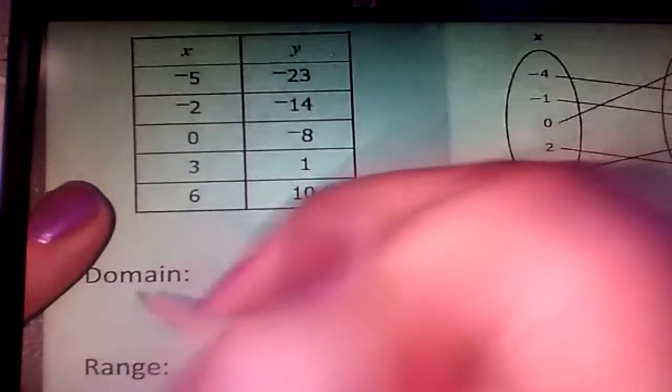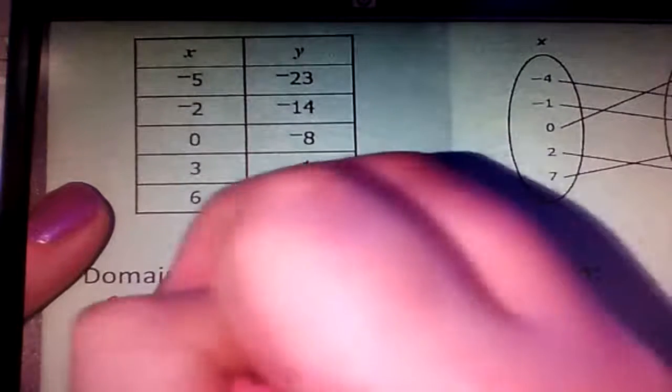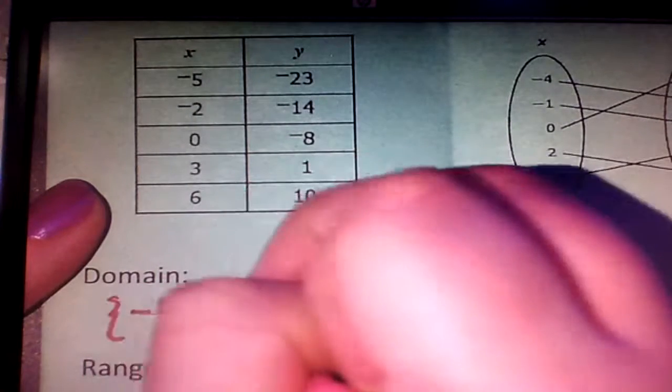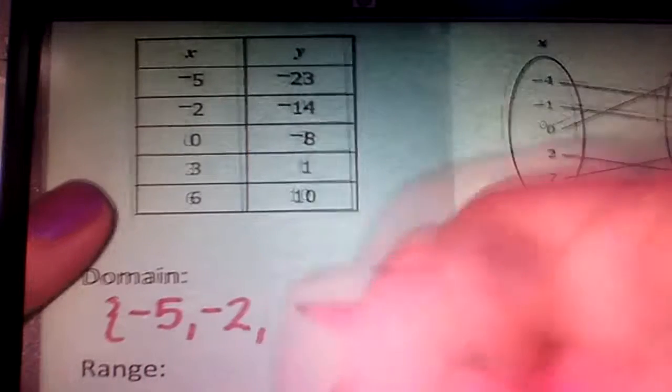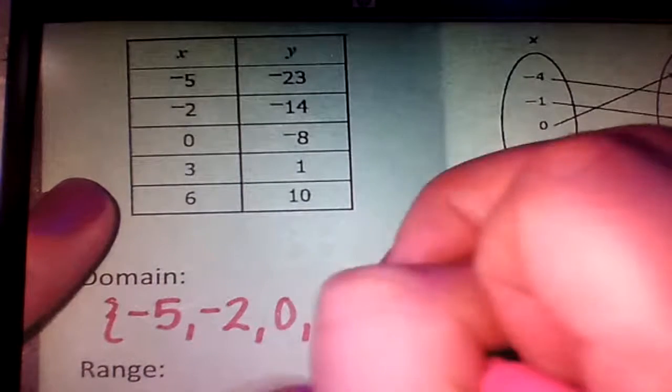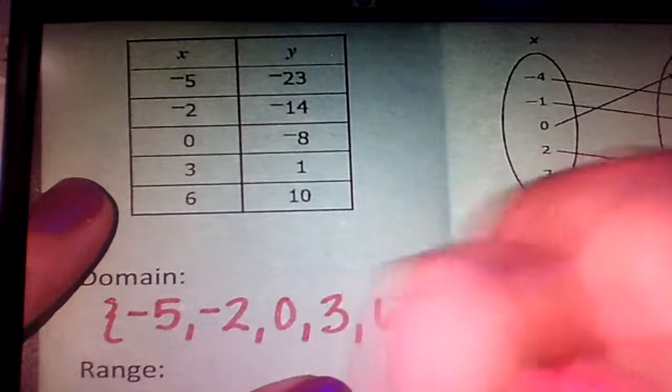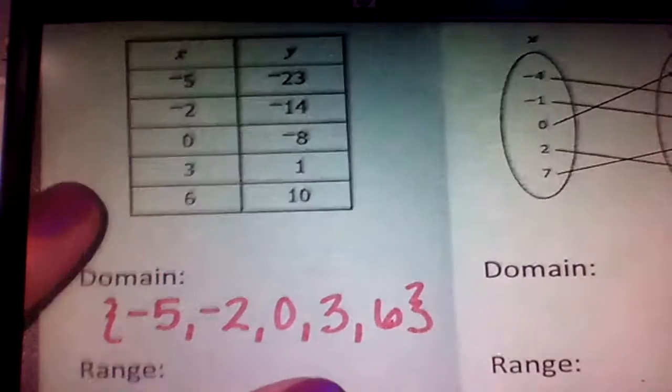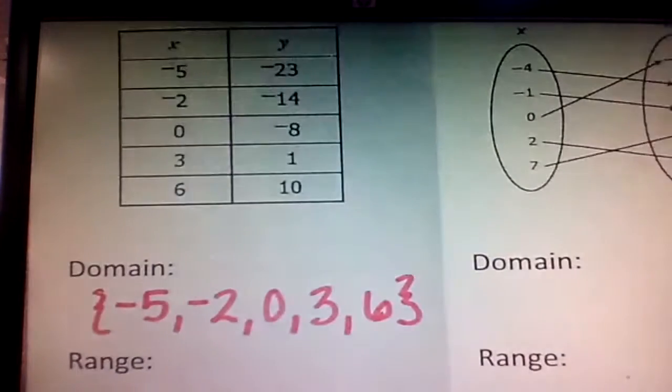So your domain here is -5, -2, 0, 3, and 6. It's literally just a list of every X value they give you. This is why I said discrete functions are the easiest.